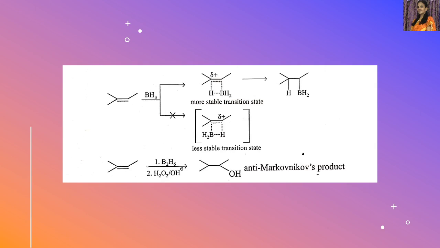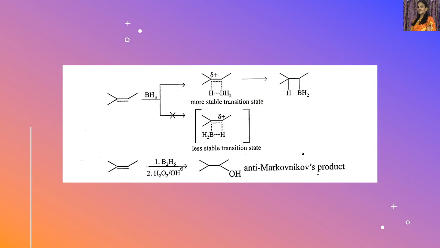So this alkyl borane produced undergoes oxidation in presence of alkaline medium with hydrogen peroxide to give an alcohol. This is the anti-Markovnikov product which is produced.